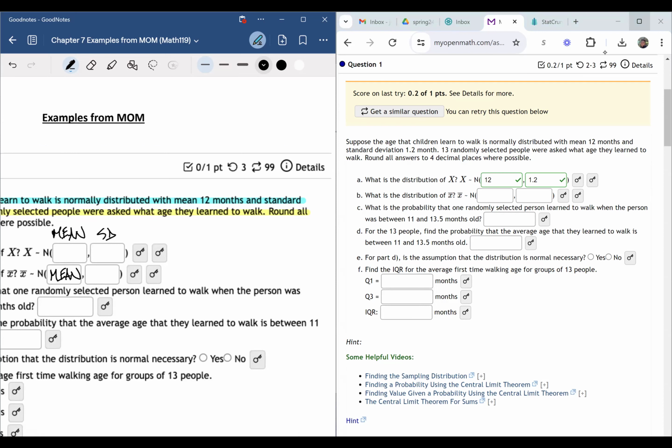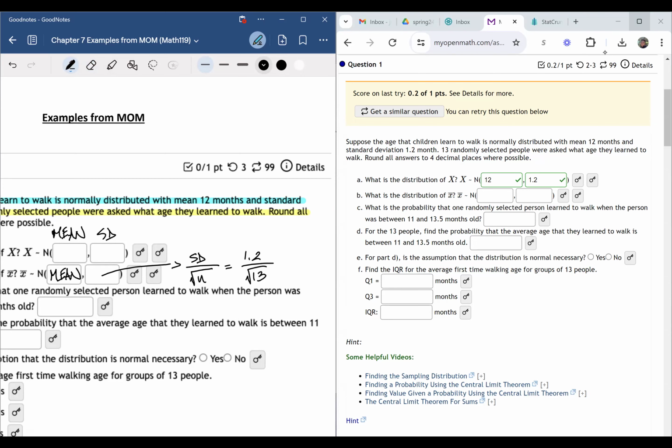And so in order to fill in this box, we need to take our standard deviation and divide by the square root of the number of samples that we have, okay? In this case, we're taking 1.2 and dividing it by the square root of 13 because there are 13 randomly selected people, okay?